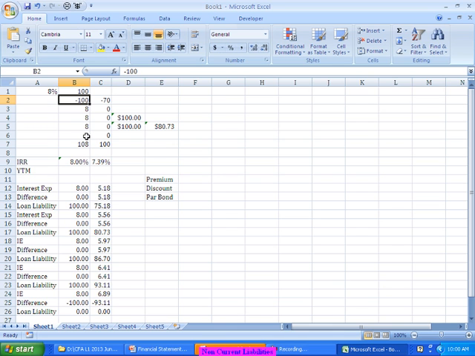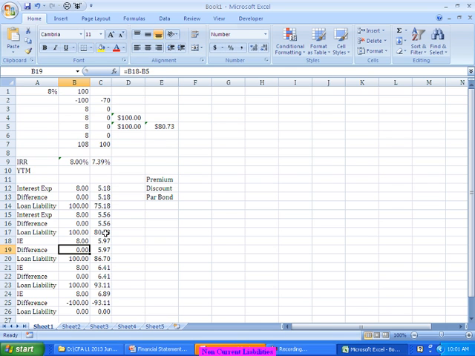The investor would be receiving 8888 in 4 years and 108 in the 5th year. In those cases, the difference is always 0 and the loan liability is always 100. It does not increase or decrease because the difference always comes out to 0. Because the IRR is 8%, the interest expense is nothing but IRR times the outstanding amount, which is 8.